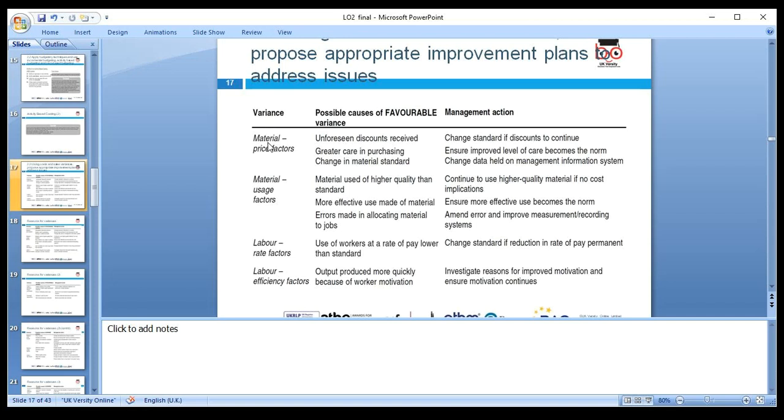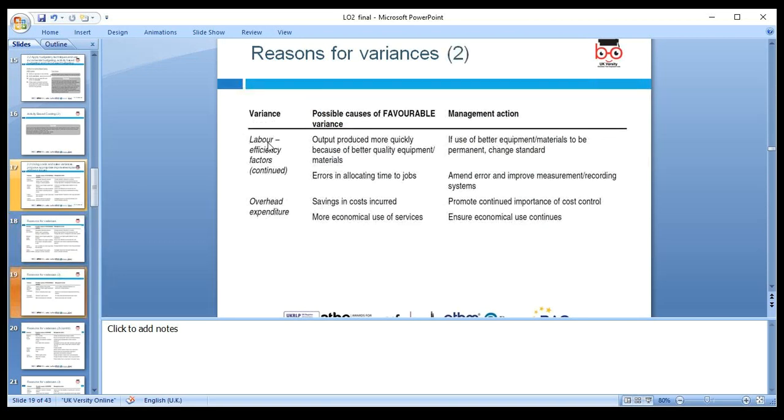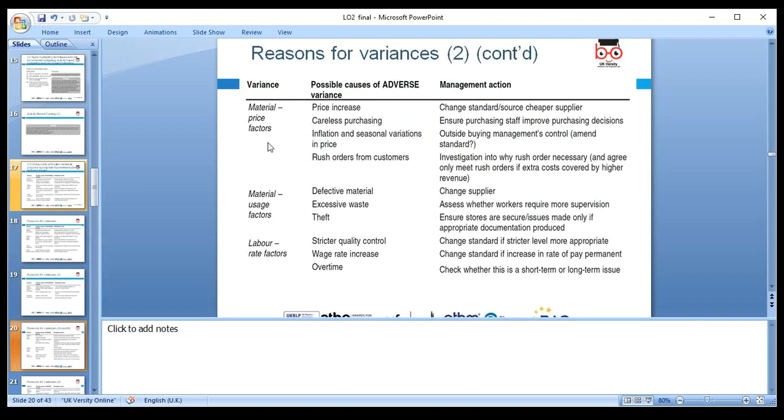Okay, appropriate improvement plan to address the issues. We can look at the material price factor, material usage factor, labor rate factor, and labor efficiency factor. There can be a number of reasons for variance, and we always look at why this is happening. Material price variance is due to price increases, changes in the standard or supplier, inflation and seasonal variation.